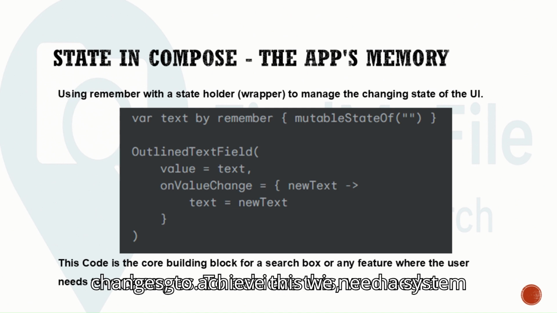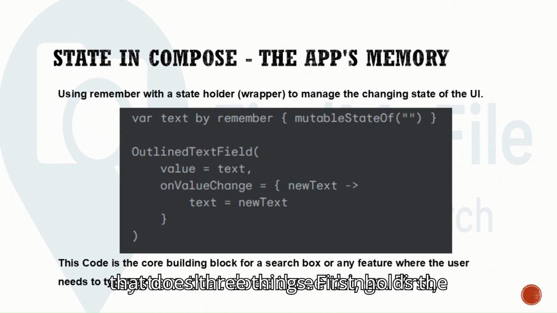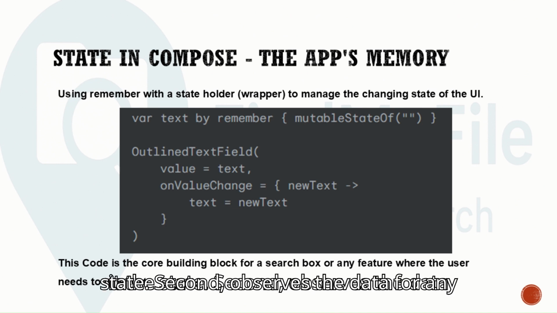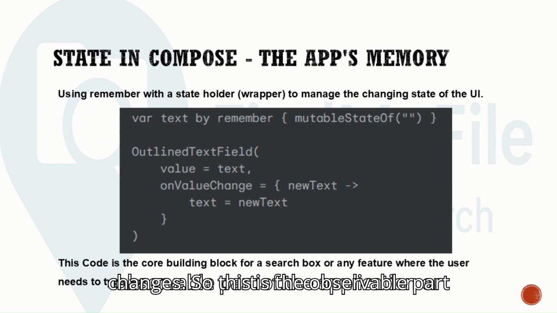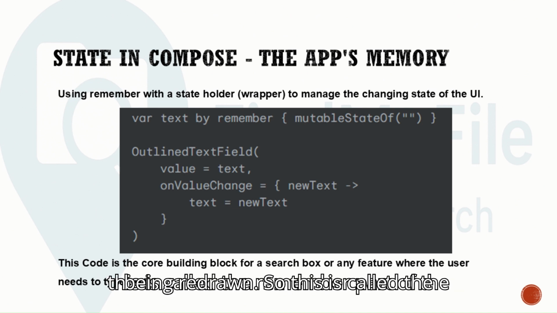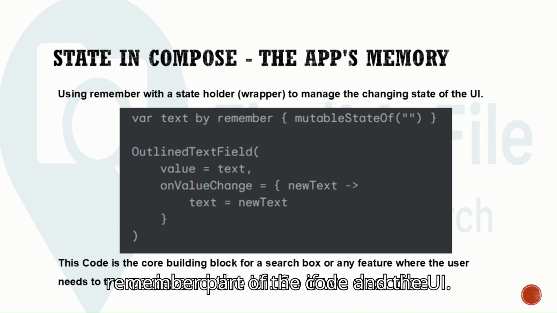To achieve this, we need a system that does three things. First, holds the data that can change. We call it the state. Second, observes the data for any changes. This is the observable part of the application or the UI. And third, keeps that data alive even when the UI is being redrawn. This is called the remember part of the code and the UI.